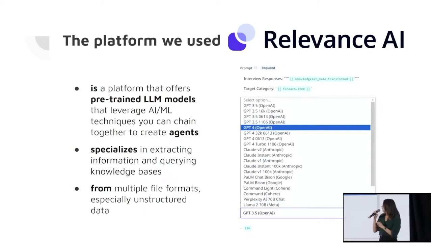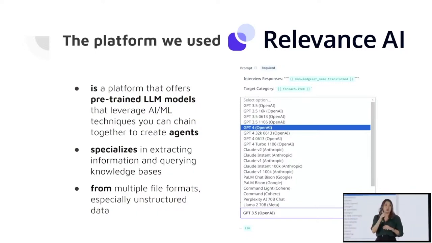But I sort of see this as a platform that gives you sort of pre-baked, semi-baked models for you. They're pre-trained. They give you access to a variety of different models that are already ready to go and ready to be trained and chained together in the way that you need. So here on this graphic on the right, it gives you access to GPT-4, to Claude, to Palm.